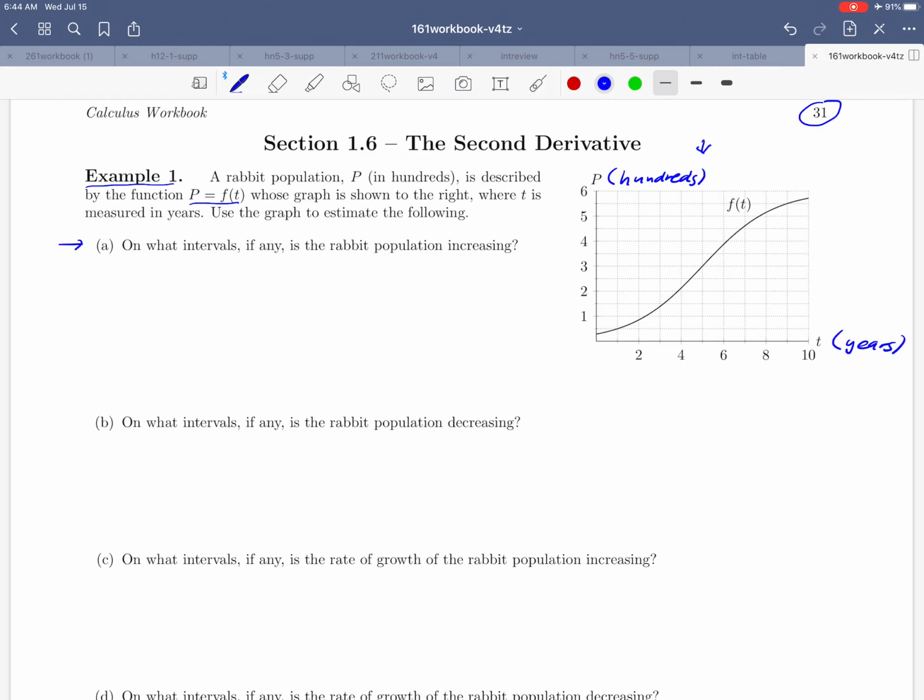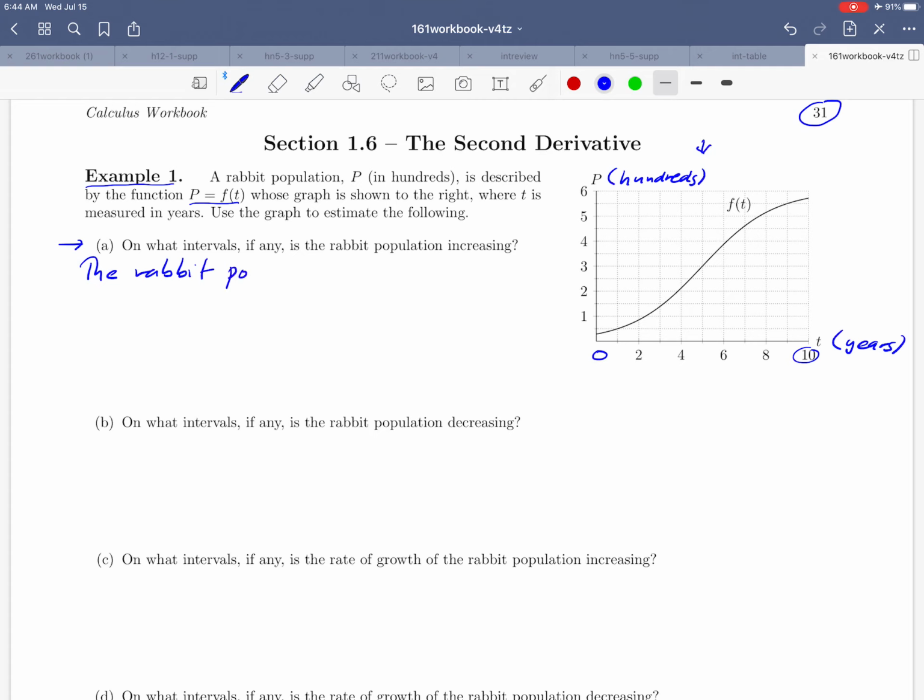Starting with A, it asks on what intervals, meaning intervals of time, is the rabbit population increasing. As you look at that graph, where is the rabbit population increasing? The graph is going up left to right for the entire interval, so it's increasing everywhere from t equals 0 to t equals 10.